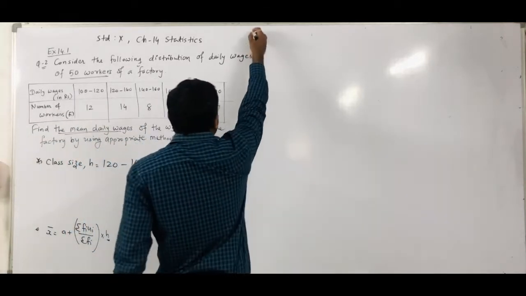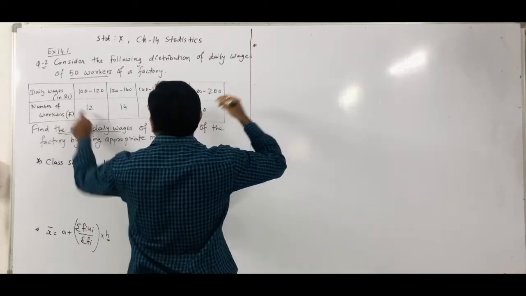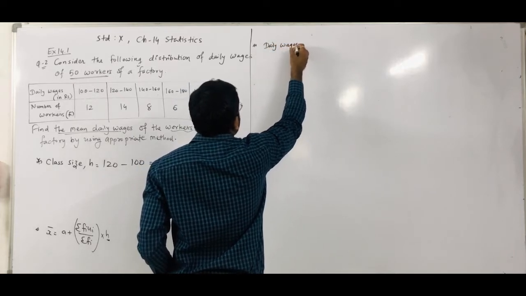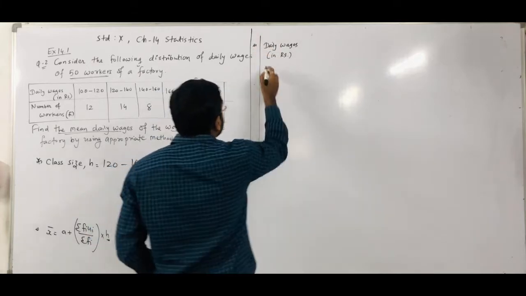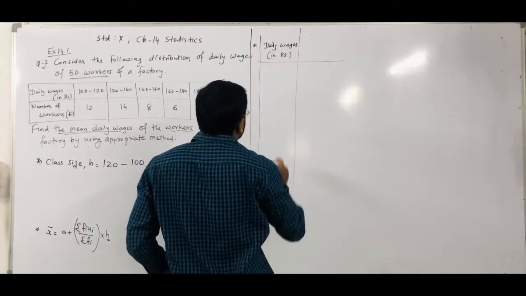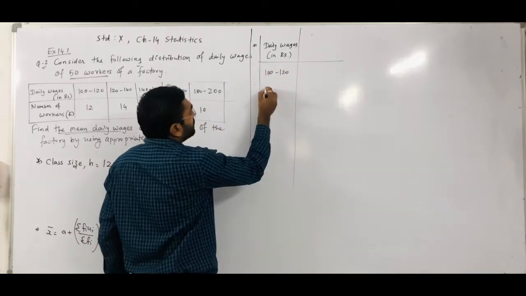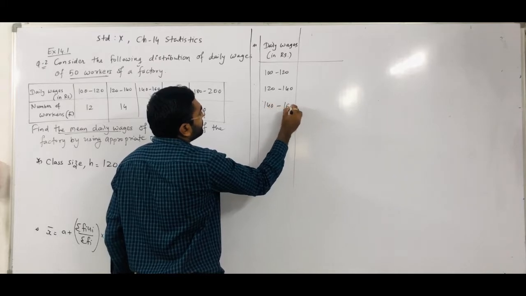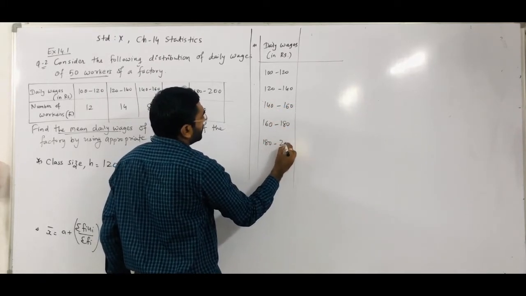Now for the given observation we have to make a table. In it, first of all we have to write the daily wages, which is given in rupees. Each and every class we have to represent here. So the first class is 100 to 120, then 120 to 140, 140 to 160, 160 to 180, 180 to 200.